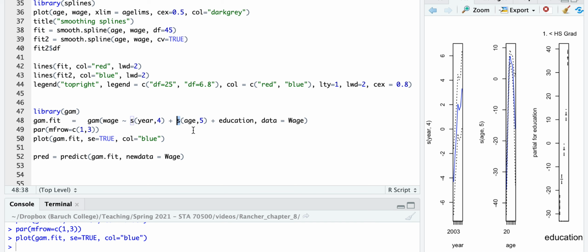Here we use a smoothing spline with degree 5, and education is categorical, so we leave it as is.